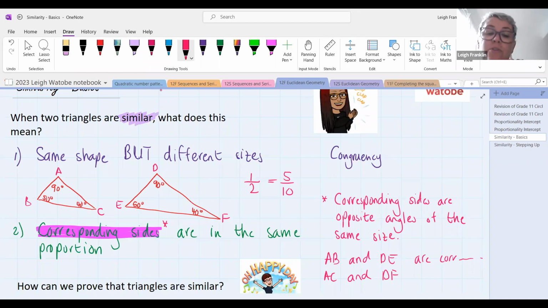Okay, so the numerators are not equal, the denominators are not equal, but they're in the same proportion, because if I simplify the fraction on the right-hand side by dividing both the top and the bottom by the same thing, I'm going to end up with this. Okay, but it does not mean that the numerators are equal and the denominators are equal, because they're not necessarily equal to one another.